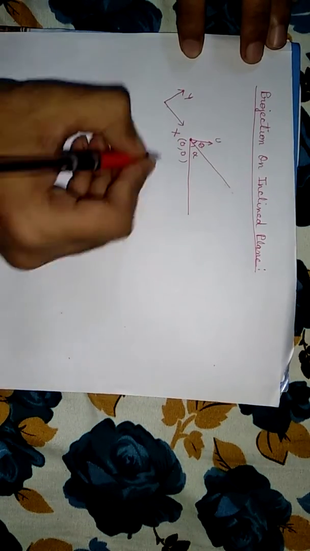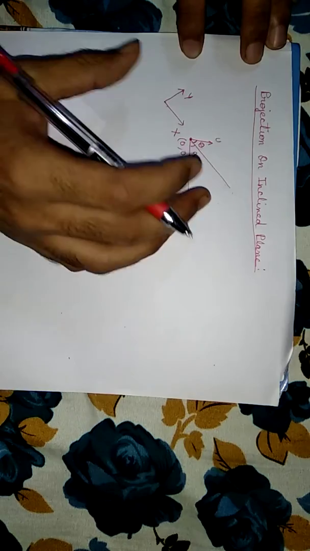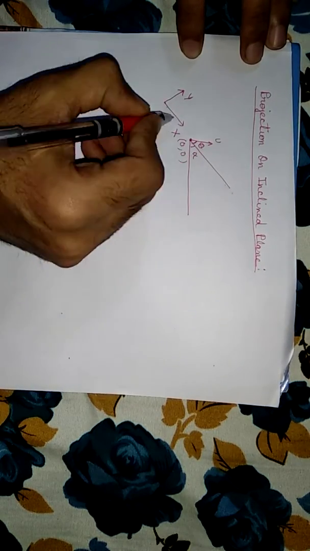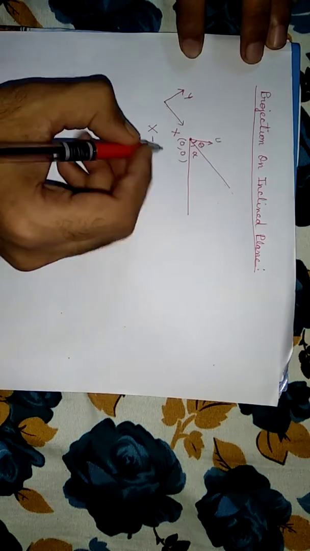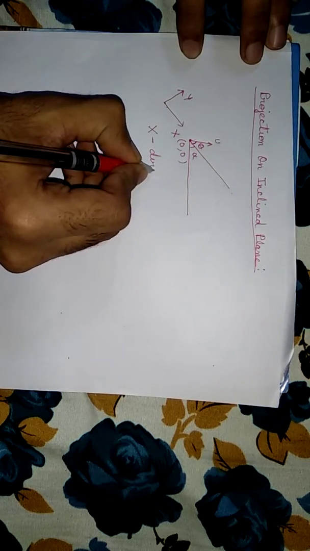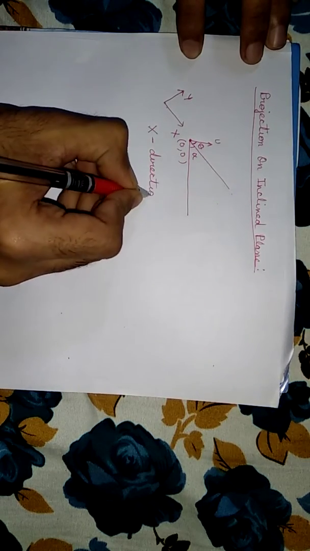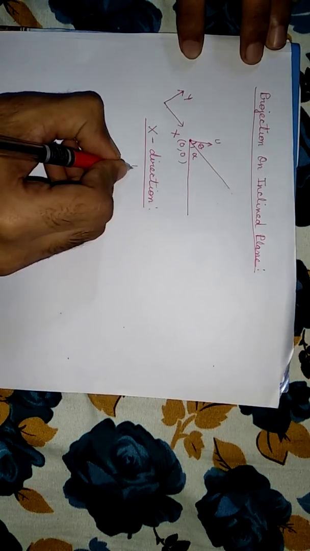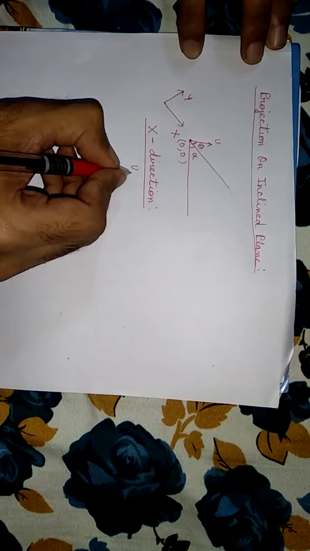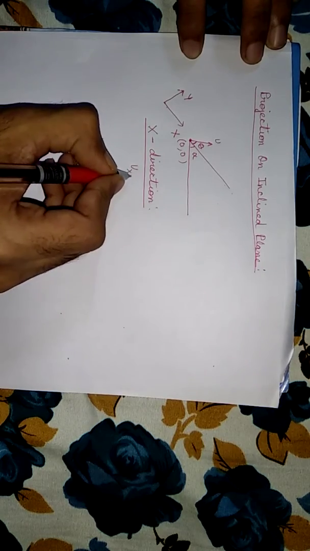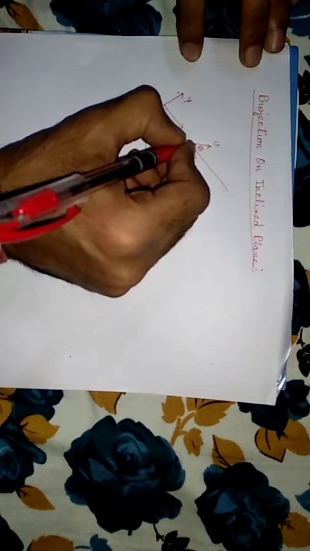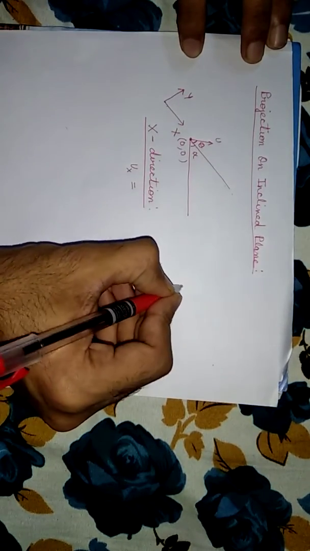Before calculating anything, I will analyze the motions in the x and y directions. Considering the x direction, if I denote the initial speed in the x direction as ux, I have to resolve it into components.